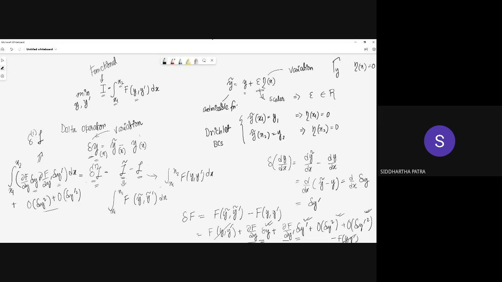And we would use the same logic that we used earlier to set this first variation equal to 0, because this has to be true.